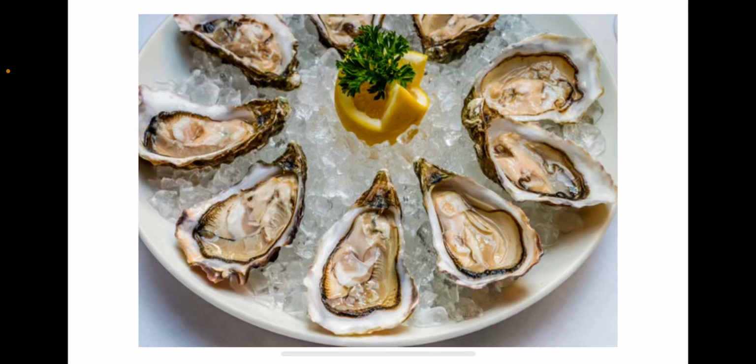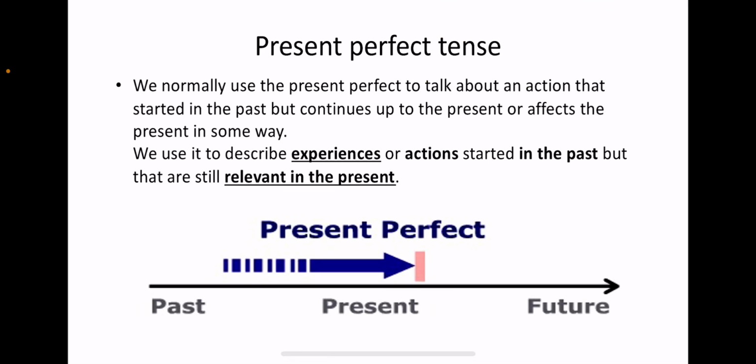In all of those questions, if you answer yes, I have, no, I haven't, we are practicing talking about experiences. How do we express experiences in the past in English? Well, normally we talk about experiences using the present perfect. We use the present perfect to talk about an action that started in the past but continues up to the present.